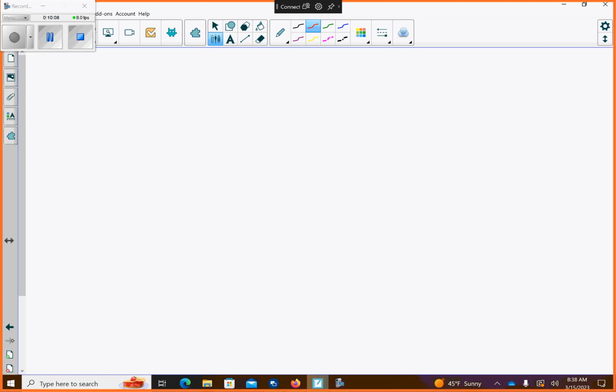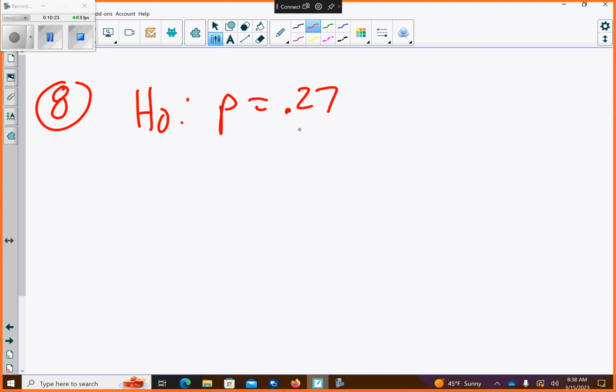We believe the percent might be lower, but we want to select a random sample of 1,000 people to see. So problem number 8, our null is that 27% have health insurance, and we think it is lower than that.